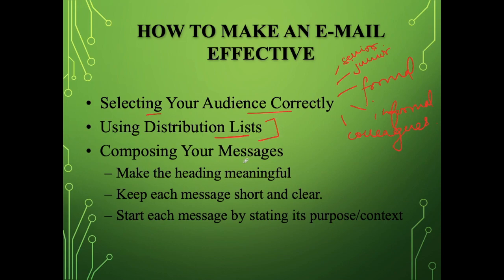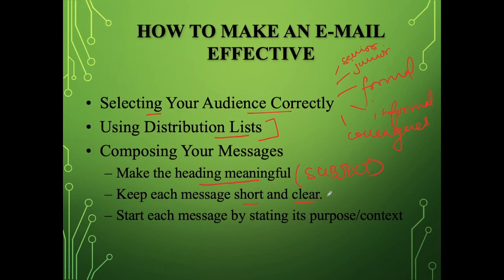That comes in handy. You must compose your messages such that the heading, or your subject, is meaningful. Then you must keep the messages short and clear. Writing really long emails explaining everything is not a standard practice. It is not considered professional.